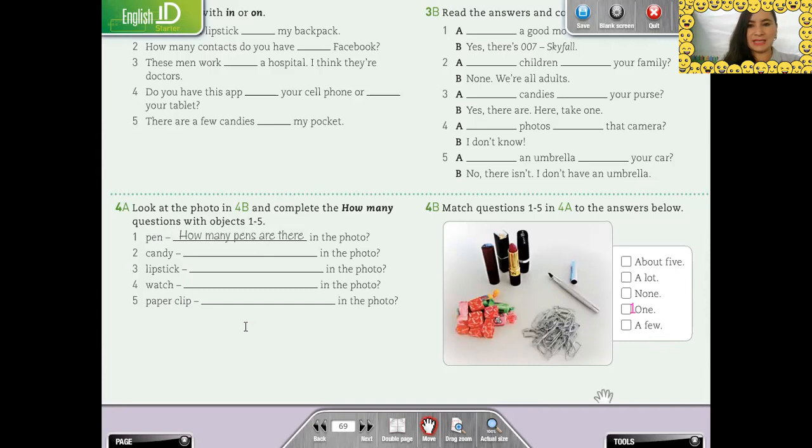What about candy? What is the question for candy? How many candies are there in the photo? This is what you have to do. Right, how many candies are there in the photo? How many?